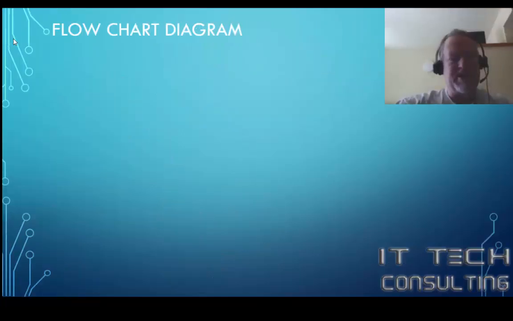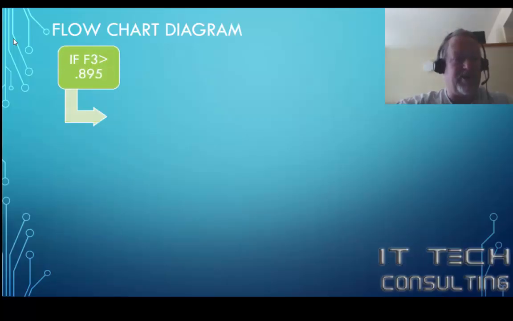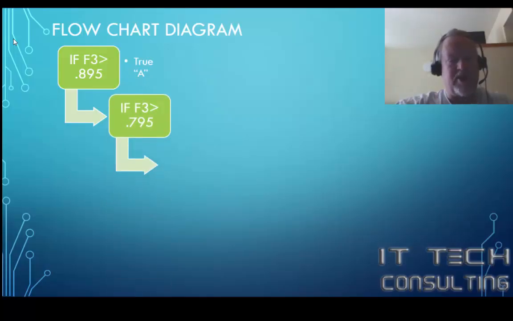So once again, let's take a look at the flowchart diagram of the nested if statement. We're going to test to see if our condition in F3 is greater than 89.5%. If it is, then we're going to put an A in that box. If it's not, we're going to do another test, another if statement, and test to see if it's greater than 79.5%. If it is true, we're going to put a B in there.